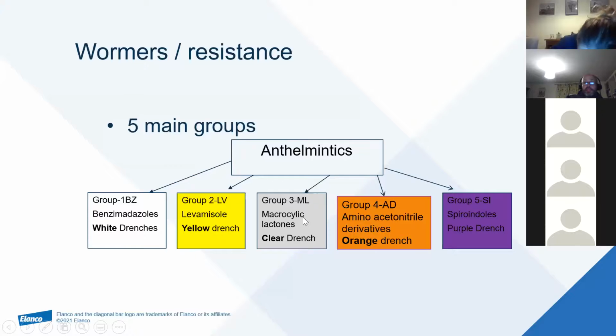What about the group 3s? So the oldest in the group 3 is the ivermectins. So Ivermec was the first out there. That came out in about 1985, 1986. Of our 100 farms, how many do you think we would find some level of resistance to ivermectin on?